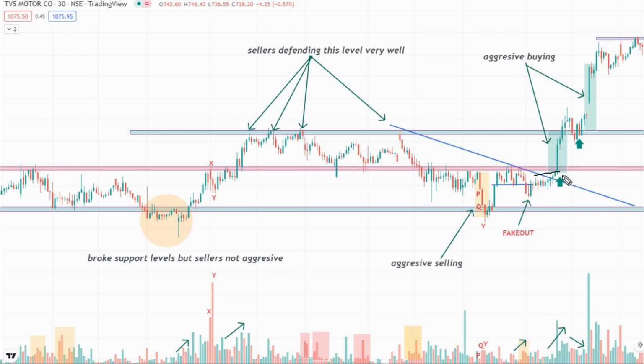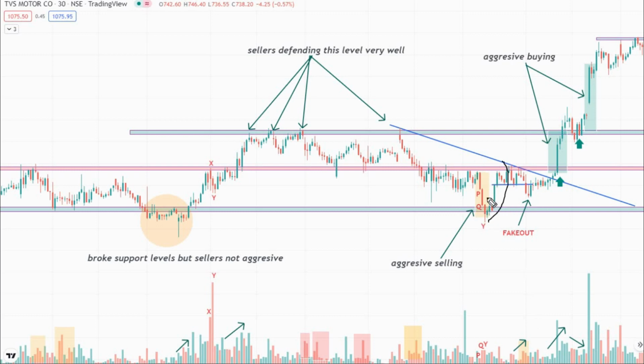And at this price area, what are we witnessing? We are witnessing absorption of supply with sustained volume. And remember, this level got tested multiple times. Sellers defended these levels very aggressively, but now, after this strong selling pressure, there is no follow through.